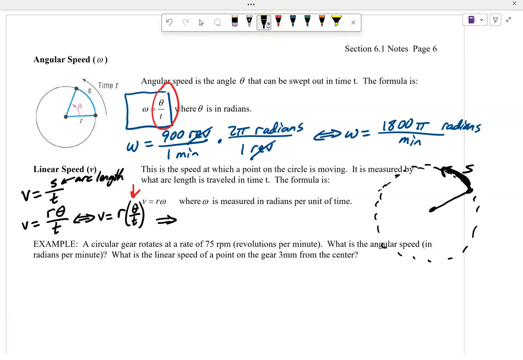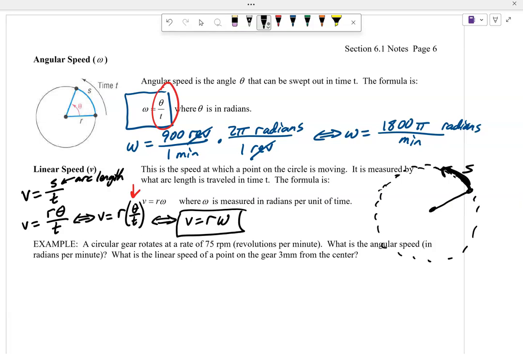So our linear speed is actually r times our angular speed. That's the relationship, right? So it's how much distance is swept out over time t. That's the relationship between the two.